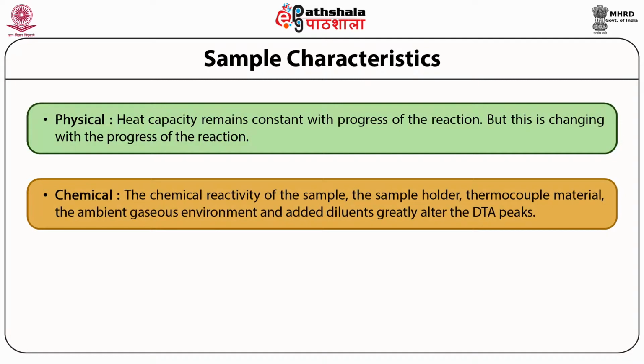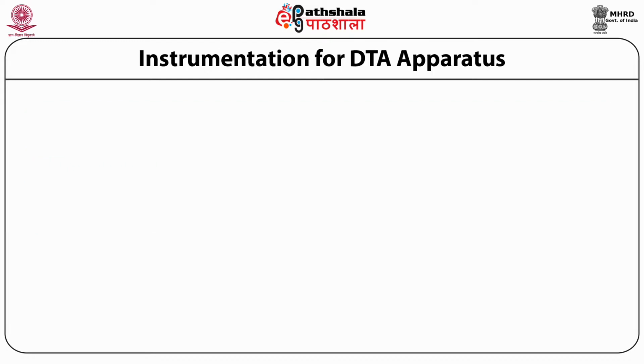Chemical changes. The chemical reactivity of the sample holder, thermocouple material, the ambient gaseous environment, and added diluents greatly alter the DTA peaks. Another important area to be studied is the instrumentation for DTA apparatus.